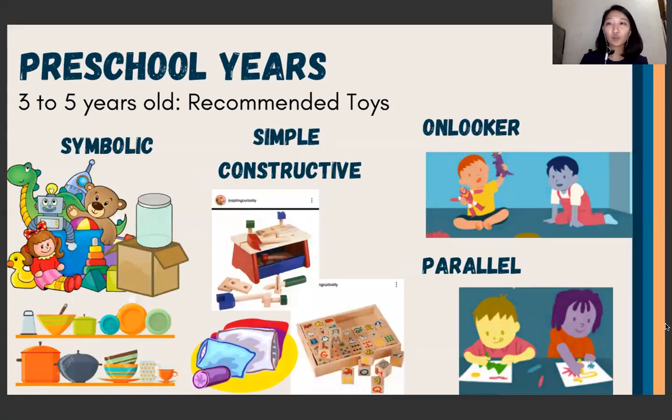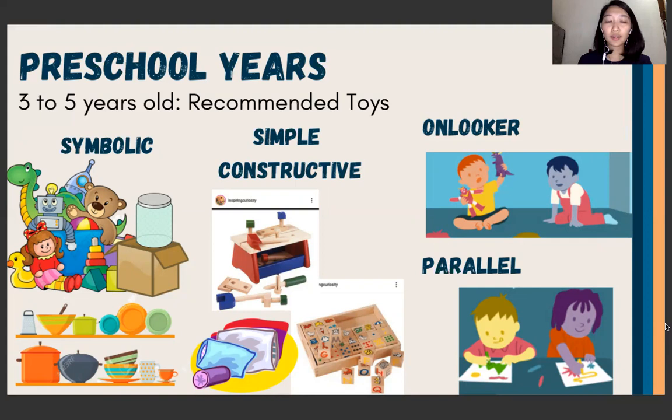The recommended toys for this stage are, for the symbolic play, we can provide dolls, puppets, boxes, empty jars or containers that can be turned into boats, spaceships, or even aquariums for their toy fishes maybe.